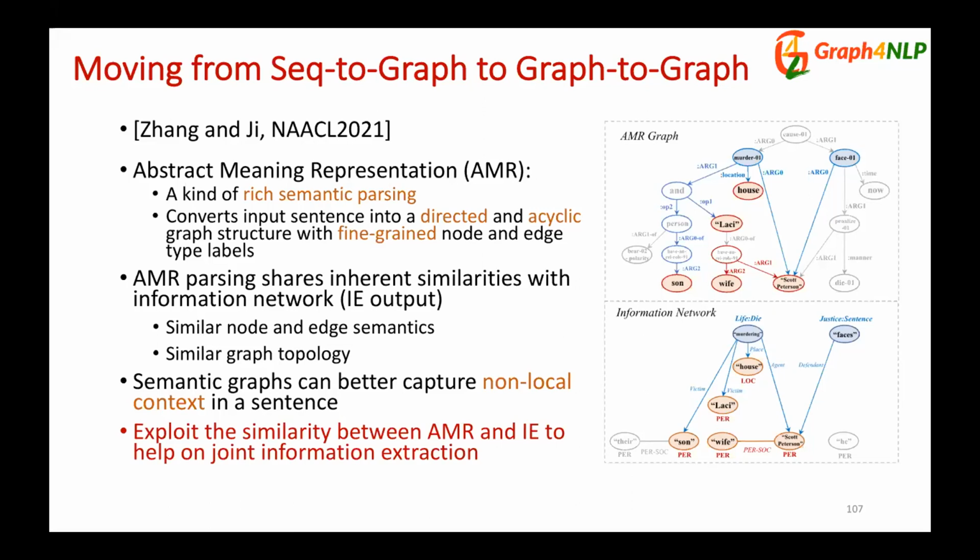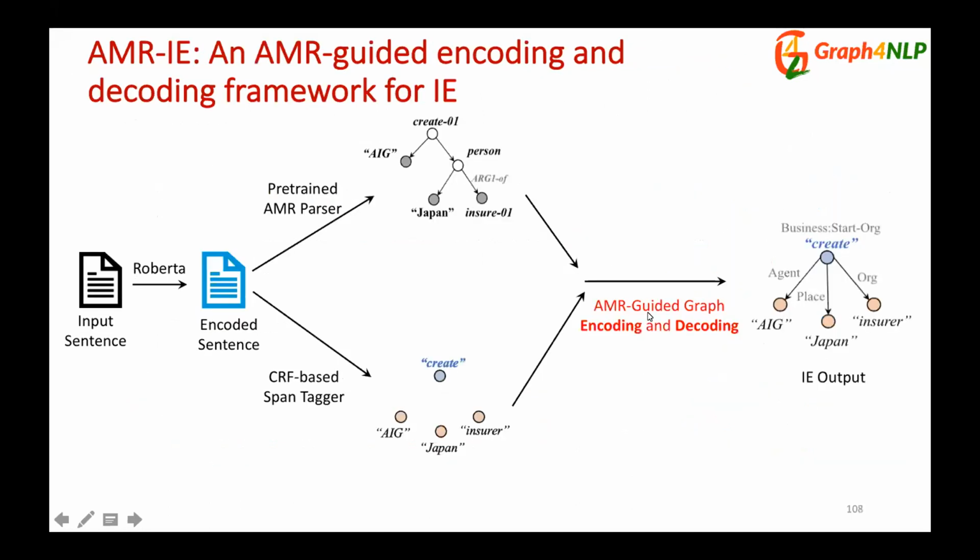And from this graph, we can encode the tokens and entities using the graph context. For example, initially in the input sentence, this trigger and this entity may be far away, and now they are only one edge away. Then in the decoding part, we are going to look at every trigger identified from the input sequence or input graph.